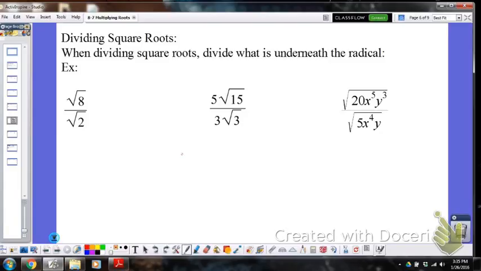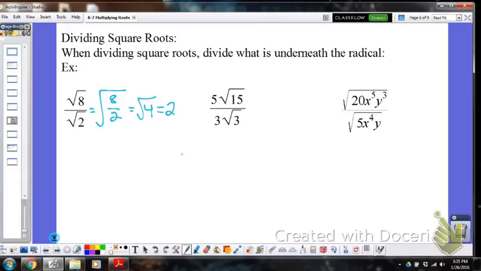So we now know when dividing square roots, we can divide what is underneath the radical. So we have the square root of 8 over the square root of 2. We know it is the same as the square root of 8 over 2. Well, 8 over 2 is 4, so we'll have root 4, which is just 2.